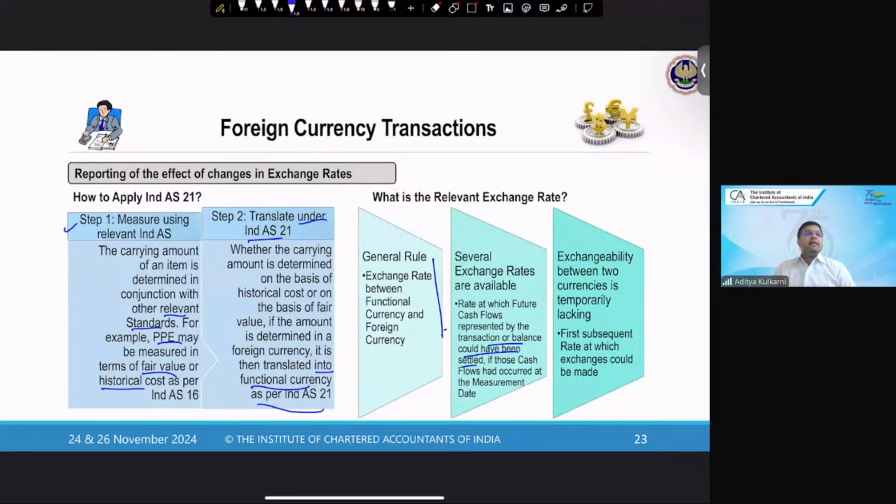So you look at the rate that is a more appropriate representation of the cash that is going to be realized, that is going to be collected. Where exchangeability between two currencies is temporarily lacking, that means the currencies are not freely tradable, then the first subsequent rate at which exchanges would be made is what you use. This is the theory.